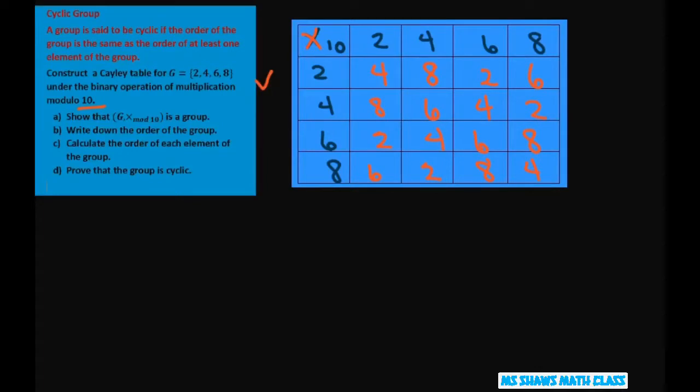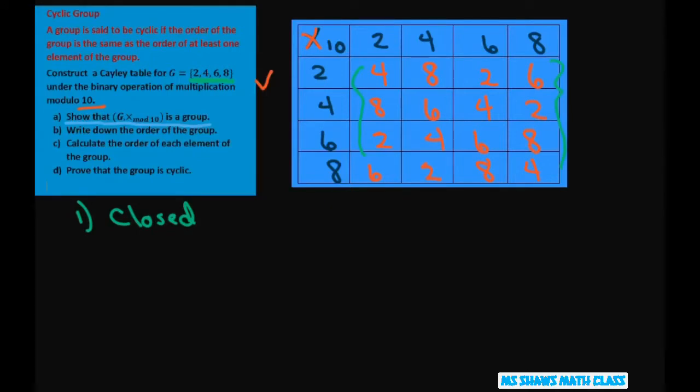And now we want to show that it's a group. So we have to show that it's closed. Well, the table is closed because no new elements appear. The only elements that appeared were the same elements given here. So it is closed. Now the identity element is going to be the one that gives you back the original number.